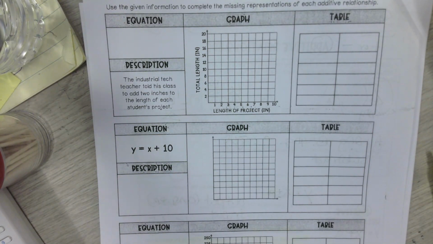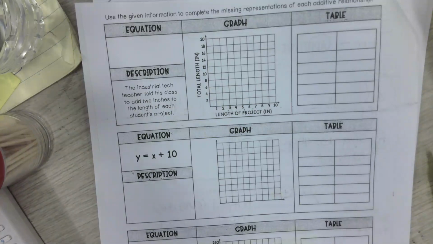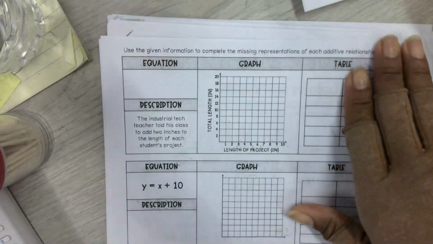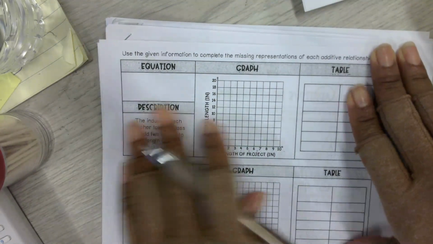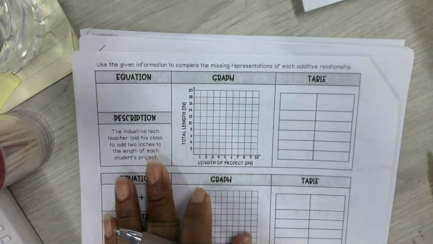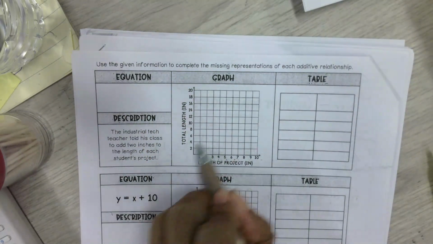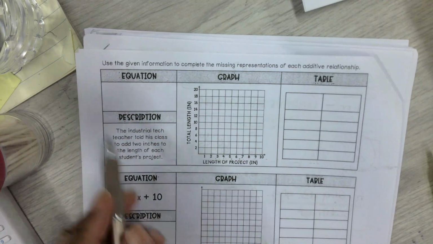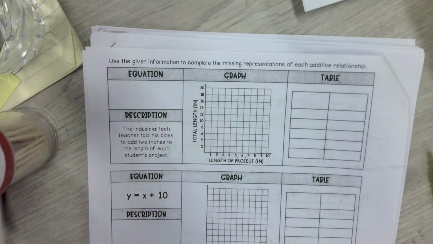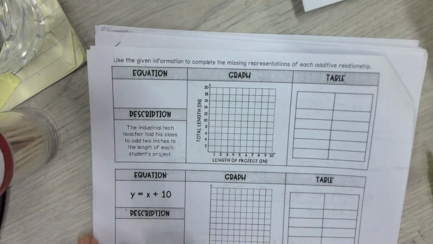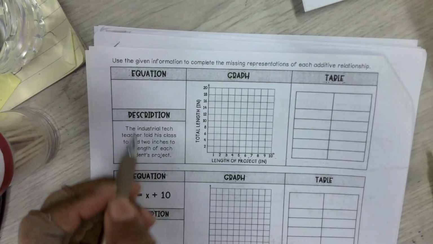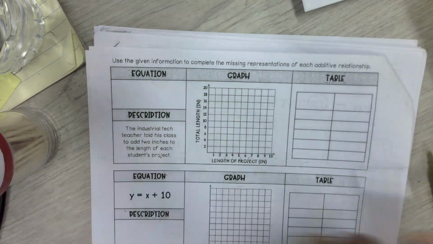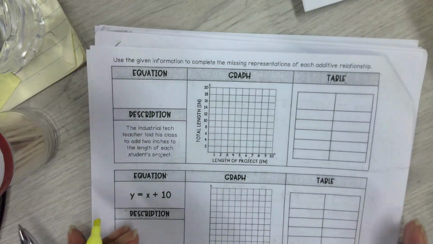Okay, now, all right, now you know what they're going to do, just like with the multiplicative. They're going to leave information out, and they want y'all to try to figure things out as well. So they didn't give us a graph, okay, but they did give us something over here. So we're trying to see if we're going to be adding or subtracting. What keyword can we see that's going to let us know we're going to be adding?